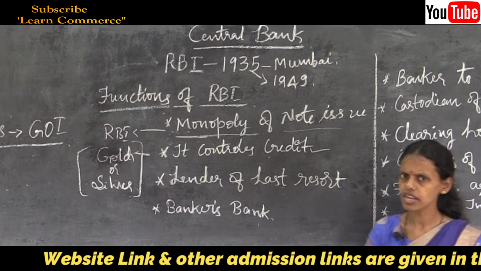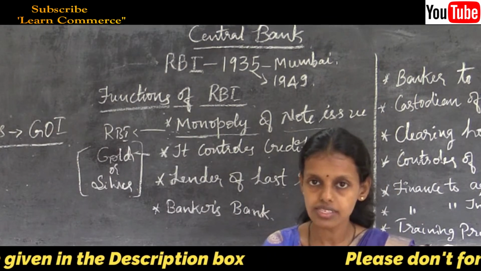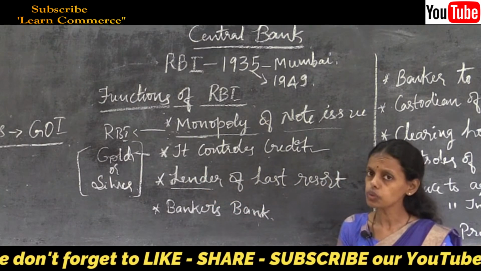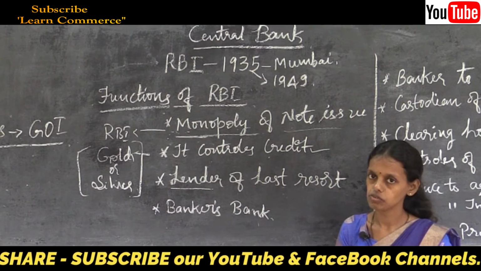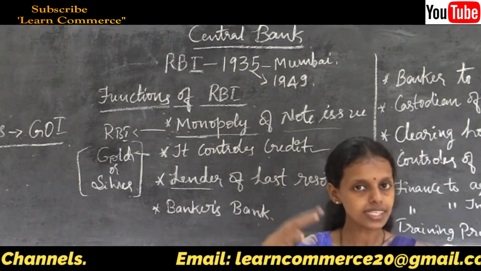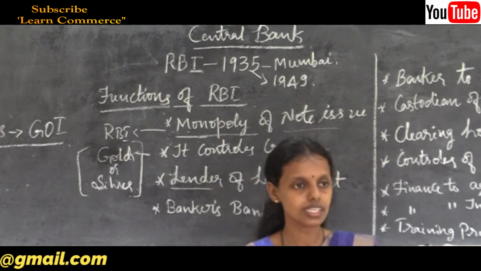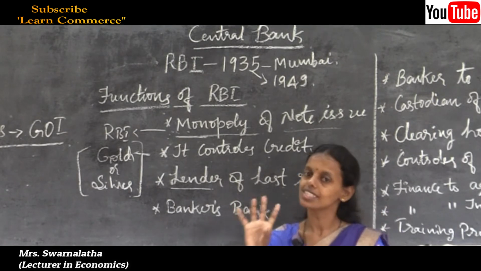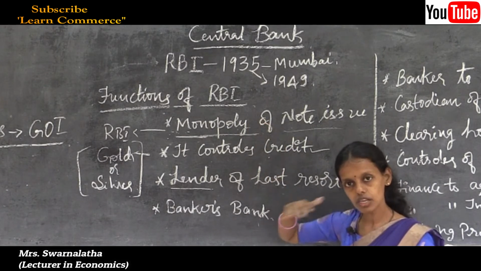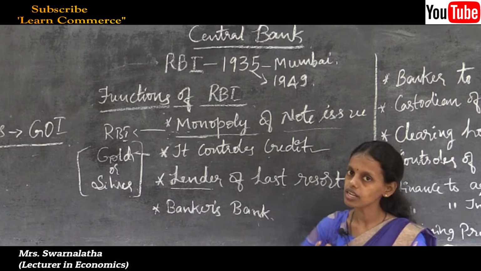What does lender of last resort mean? If anything happens to any commercial bank, it will lend money in the form of a loan. How does the Reserve Bank of India create credit? All commercial banks give loans to customers, and the interest those customers pay is nothing but credit to the commercial bank. Commercial banks give money only with the help of funds supplied by the Reserve Bank of India.